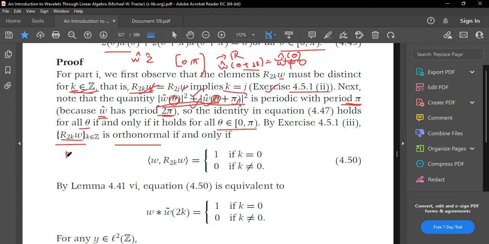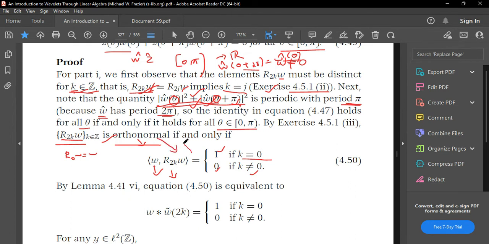It will be R_0 w, and R_0 w is w itself. So since this set is orthonormal, we take w with inner product with R_{2k} w. If k is equal to 0, both these elements will be equal, and the orthonormal property implies its value is 1. And if k not equal to 0, this is equal to 0. So this statement implies this equation.